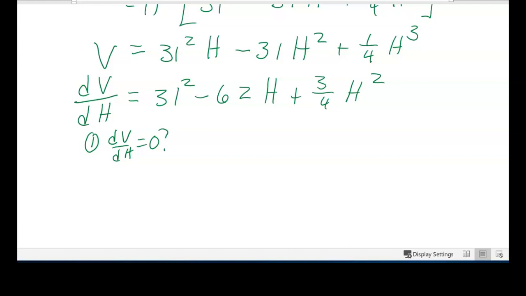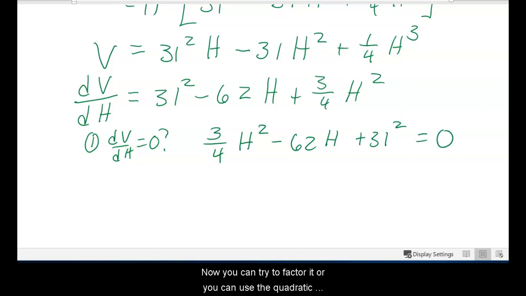Setting this equal to 0, I can write in descending order 3/4 h squared minus 62h plus 31 squared equals 0. Now you can try to factor it or you can use the quadratic formula, but I think probably the quadratic formula will be fastest. Go ahead and pause the video and work it out to see whether or not you come up with the same solution that I do.